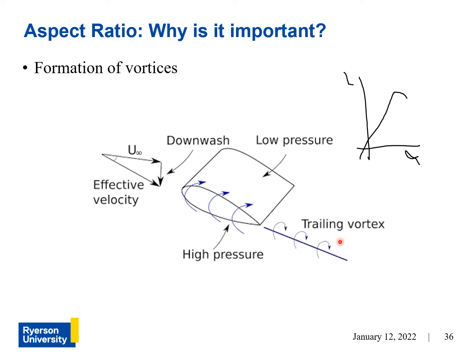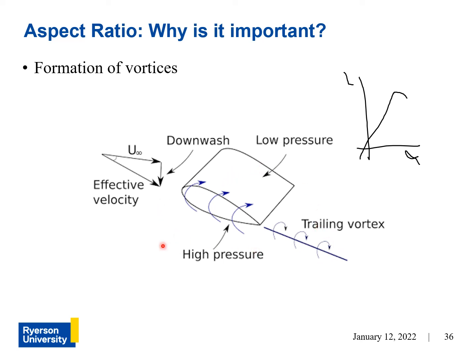And also, after reducing the lift due to the decrease in pressure difference and due to the decrease in effective angle of attack, the trailing vortices actually produce drag. And in terms of aerodynamic theory, that drag is referred to as drag due to lift.